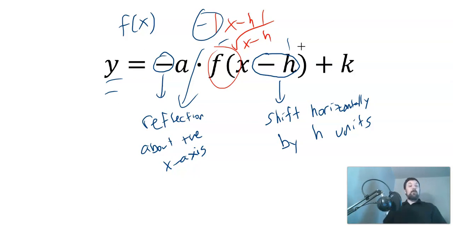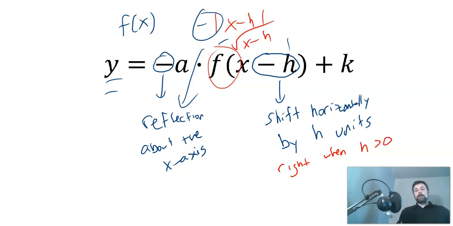Now you have to decide which horizontal direction you want to shift it. Do you want to shift it to the left by 2, or to the right by 2? So you shift it to the right when h is positive. Instead of writing out that h is positive, in math we have a much easier way of indicating when something is positive. We just say greater than 0, not equal to, excuse me.